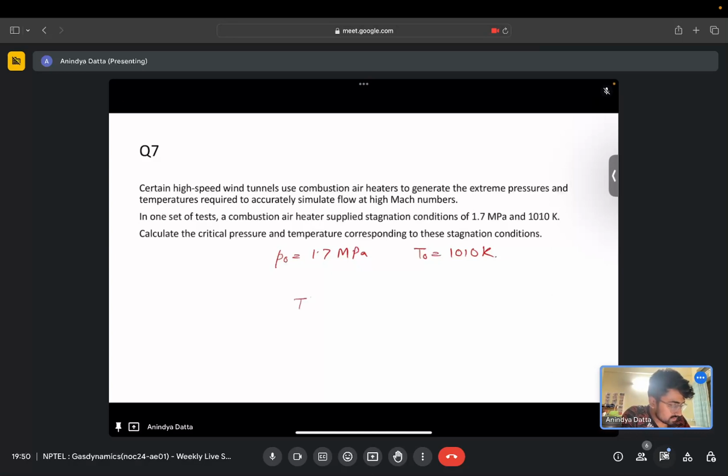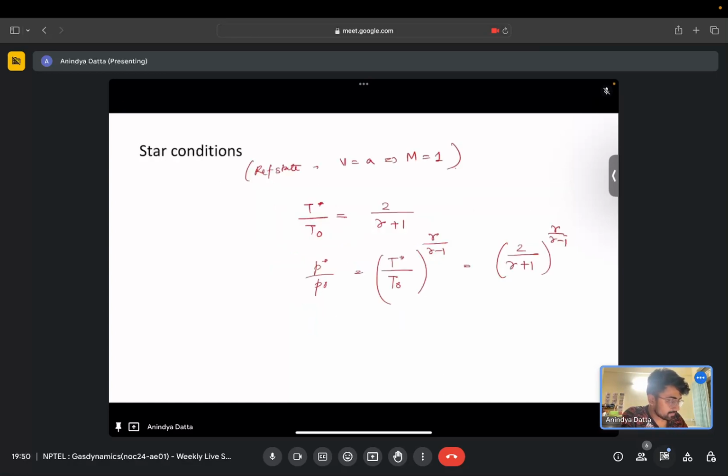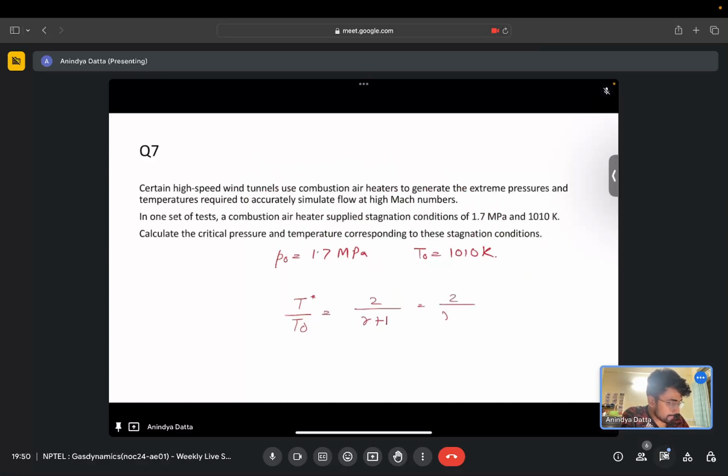So we have this formula: T star by T0 is equal to 2 by gamma plus 1, which is 2 by 1.4 plus 1, and the value is 0.833.